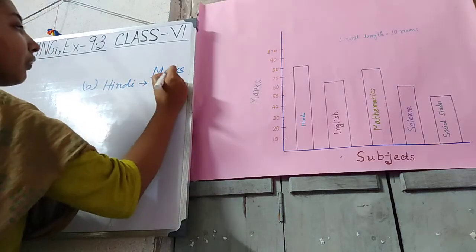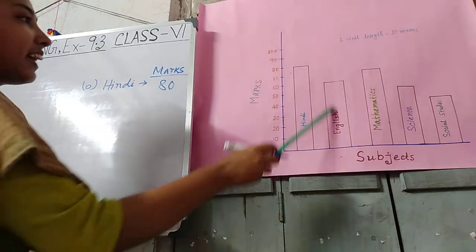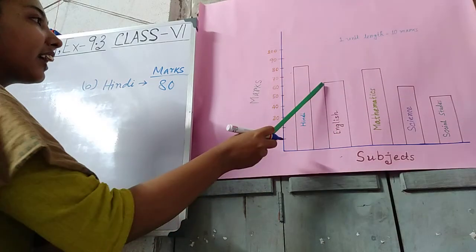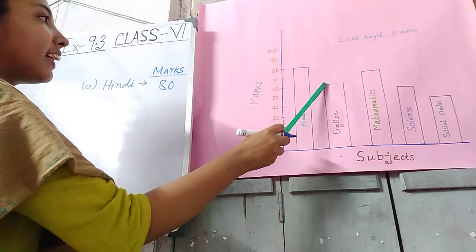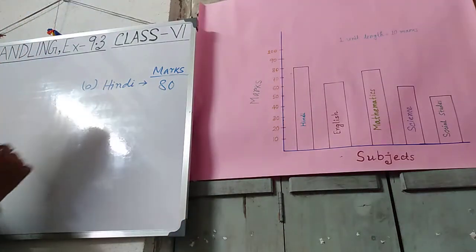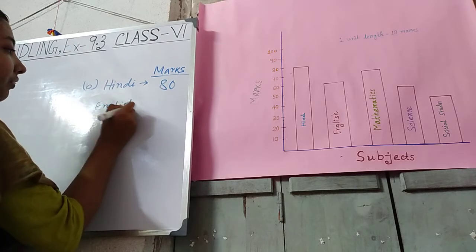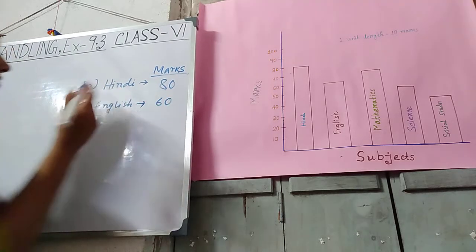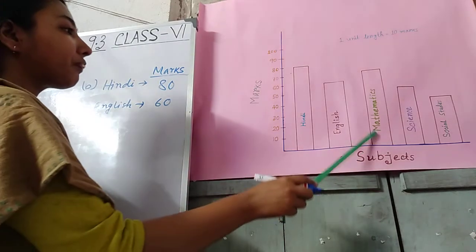Now our second subject, which is English, in bar graph we can say that marks of English is 60. So in English marks will be 60. Now our third subject, mathematics.